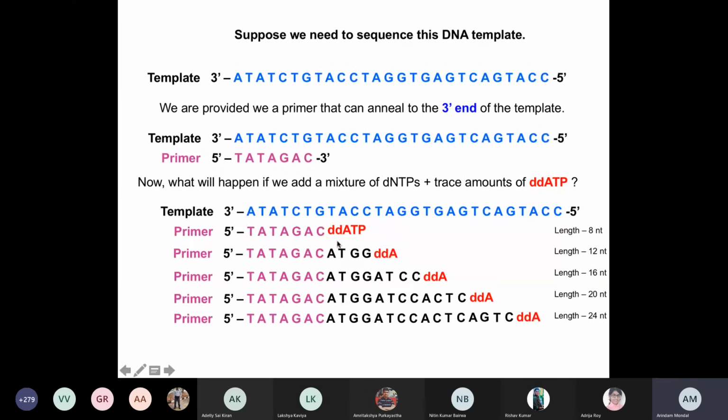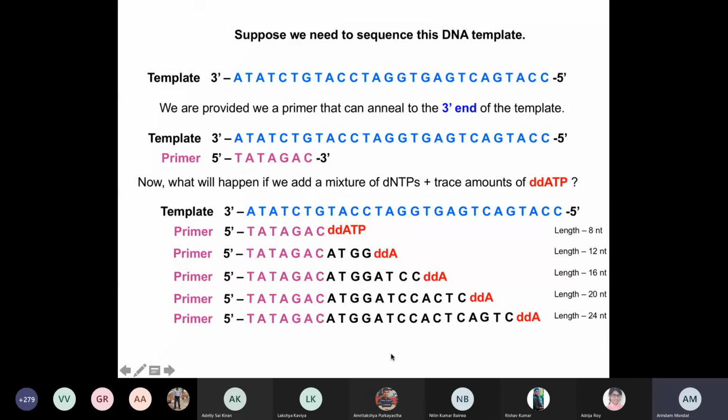From there you should be able to say that at positions 8, 12, 16, 20 and 24 there are T's. Why? Because it got terminated with ddATPs, right?